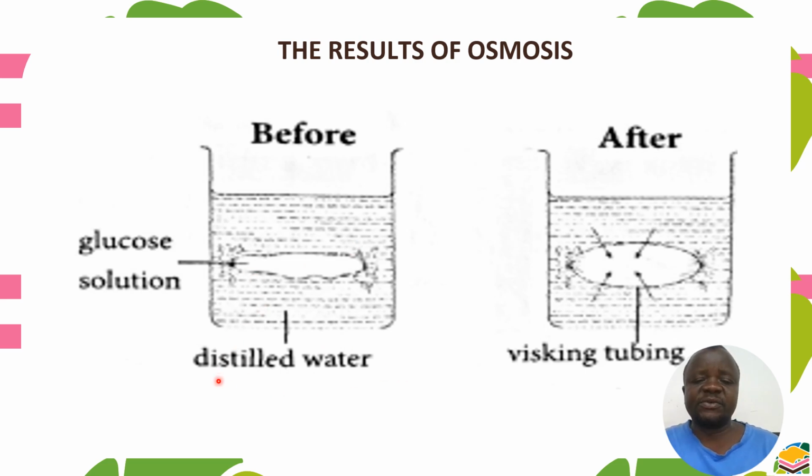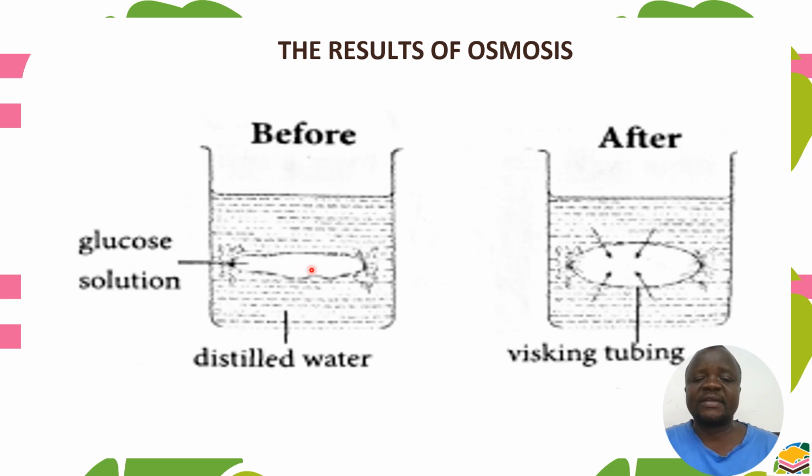This water is distilled, that's the pure water, and here the same, this is the beaker, but in this case we have the Visking tubing which has bulged. So you can see that something has happened here.